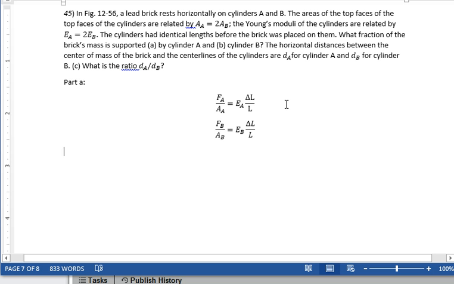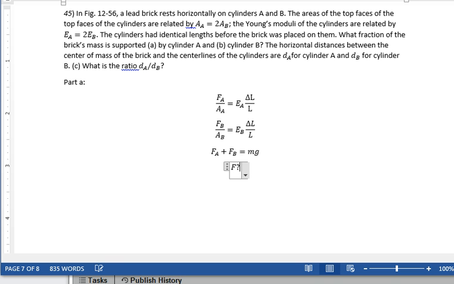And if I solve these for delta L over L, we get, what are we after? Okay. What fraction of the mass is supported by cylinder A? We know that FA plus FB has to be mg, right? Has to be the weight. Okay.